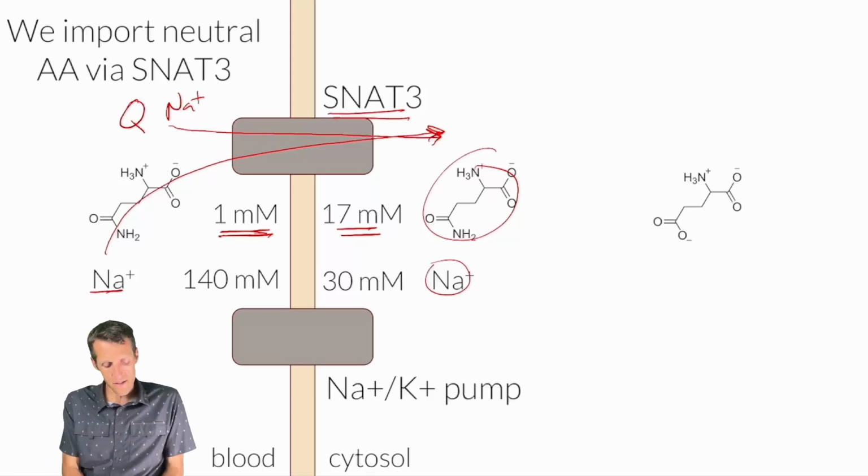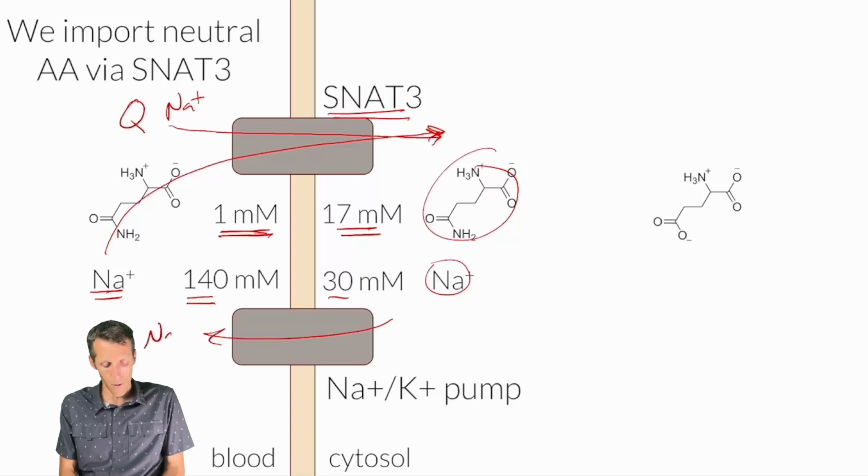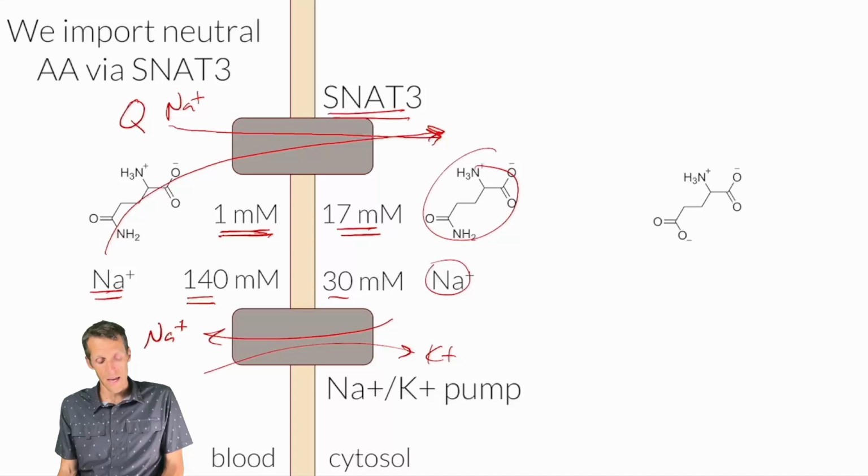Well, I said this occurs with sodium being transported. And it turns out sodium is at a higher concentration outside than inside because the sodium-potassium pump is continuously pumping sodium out and potassium in, and this is using a ton of ATP to do it.